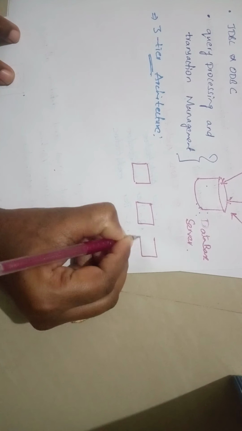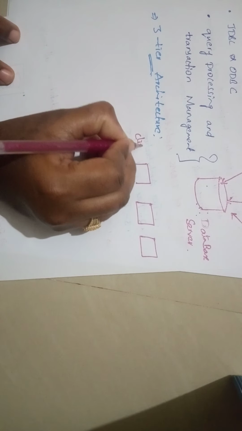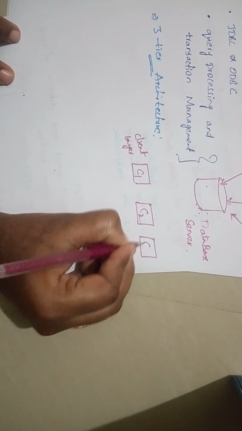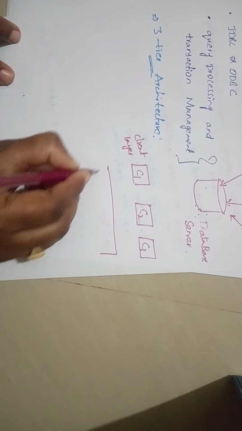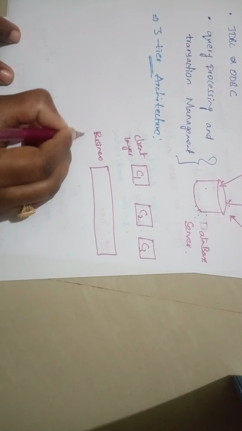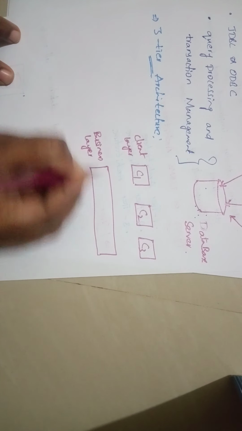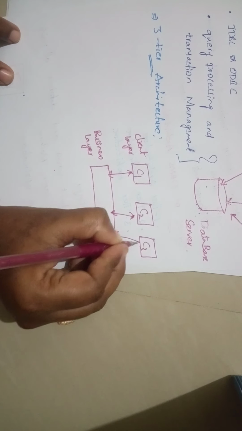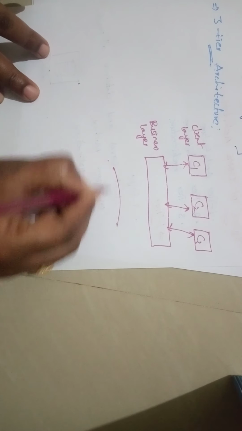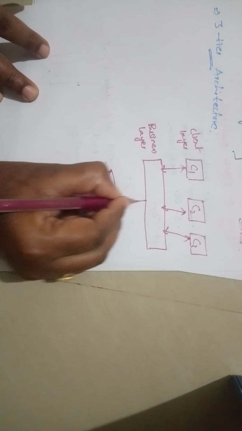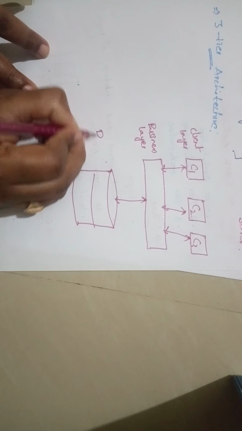The first layer is the client layer, the next one is the business layer or business tier, and the next one is the database tier or database layer, which contains the data.